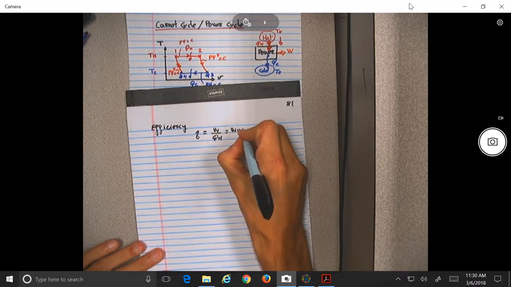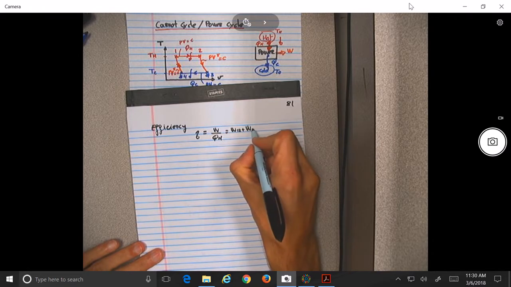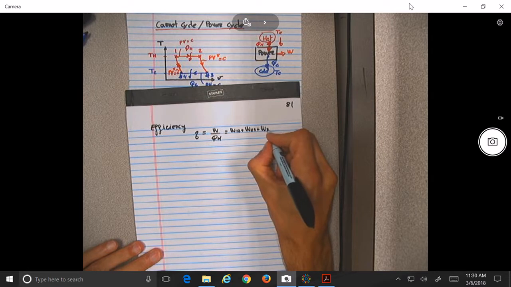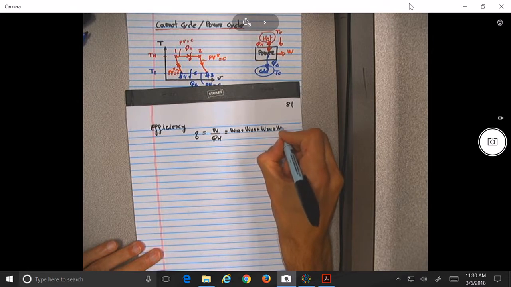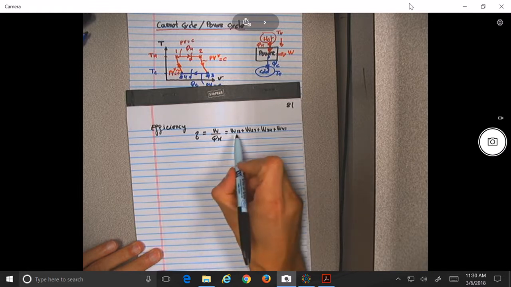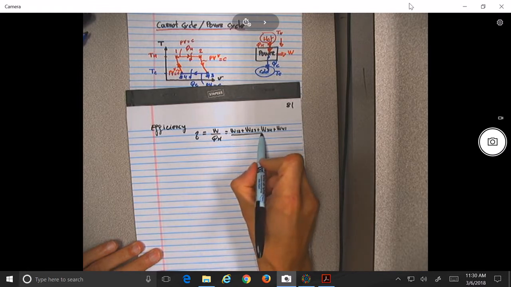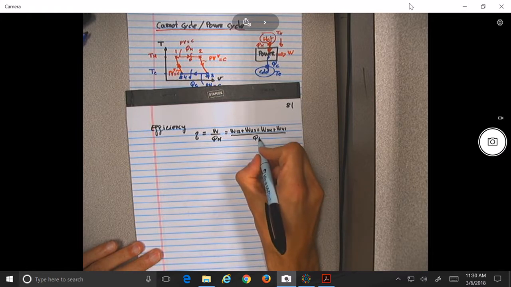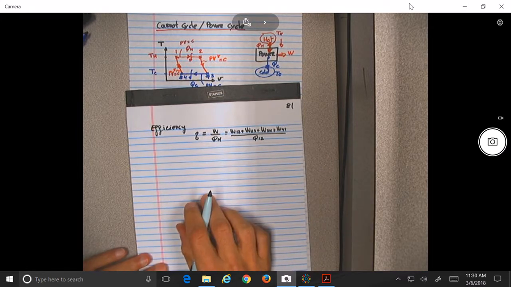Work 1,2 plus work 2,3 plus work 3,4 plus work 4,1. Yeah? Divided by what is Q hot? Q12.